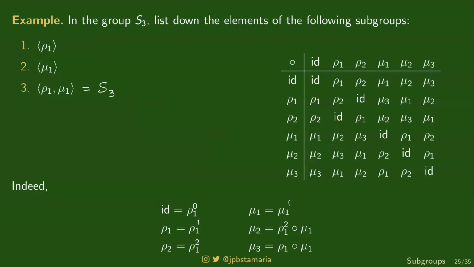To say this in English, parang sinasabi natin that row 1, mu1 is a generating set for S3. Ibig sabihin, kailangan ko lang pala ng dalawang elements ng S3 para ma-generate yung buong S3. May tanong ako sa inyo.